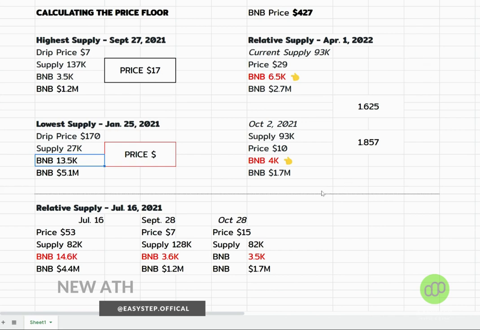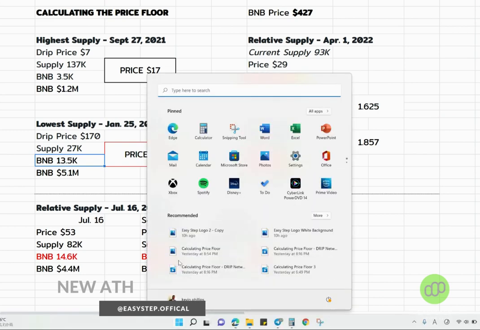So let's go ahead and do that. We're going to divide this BNB balance by the price floor's BNB balance.